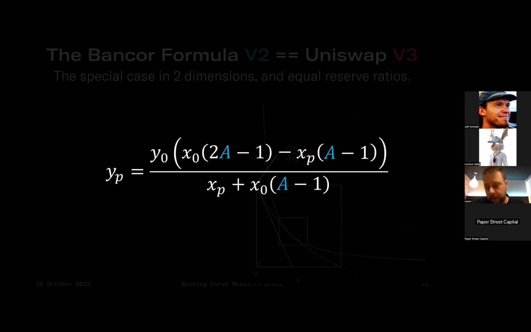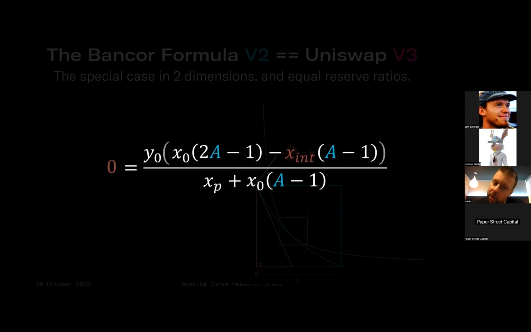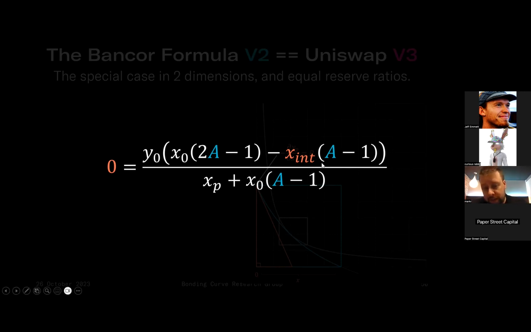Now we could go back and just define the derivative in terms of x over y, but I'm going to show you something that I think is a little bit more interesting. If we go back to the invariant function that we have in terms of y and set y equal to 0, then necessarily whatever the x coordinate is going to be, that is the x-intercept.